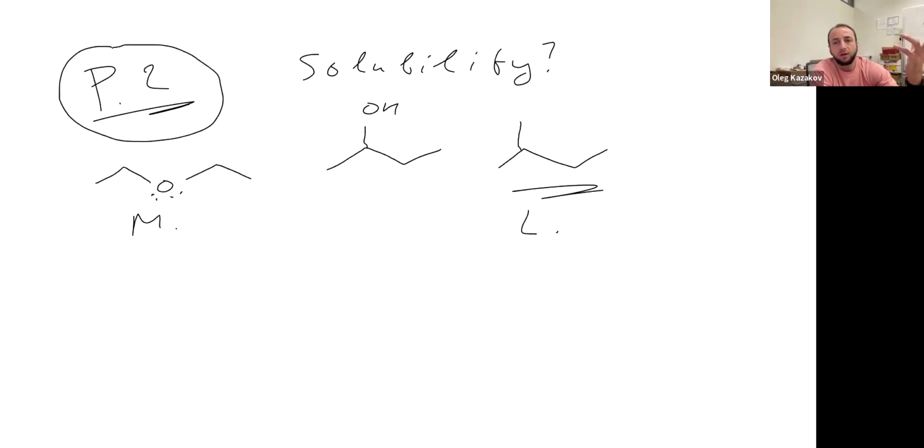Consequently, we are speculating that we will have dipole-dipole interactions between the molecule of ether and the molecule of water. Dipole-dipole interactions will be stronger than dispersion interactions that will exist potentially between the molecule of alkane and water. So we'll have a little bit higher solubility because we'll have the higher interaction between the molecule of ether and the molecule of water.